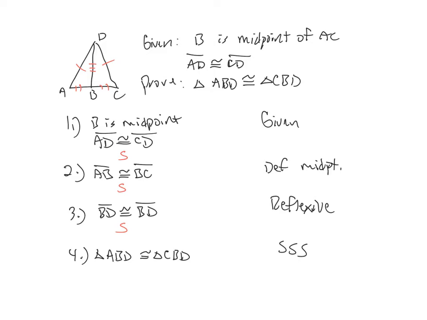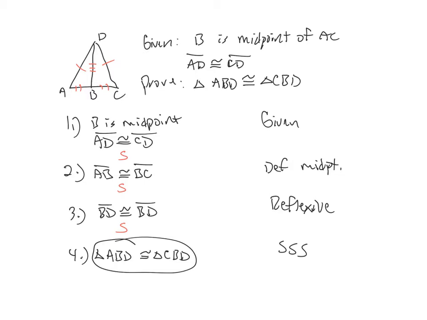And just remember that in this statement the letters follow the same pattern. From A to B is that short side, so on the other triangle it has to go C to B, and then B goes up to D. It has to follow that same order.